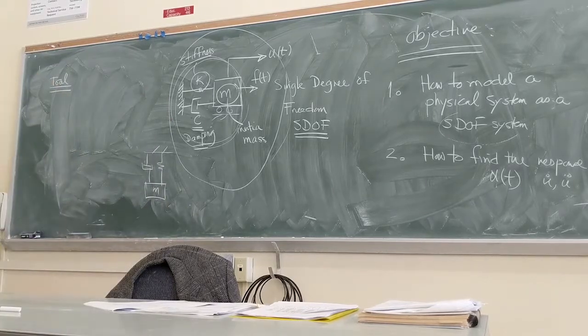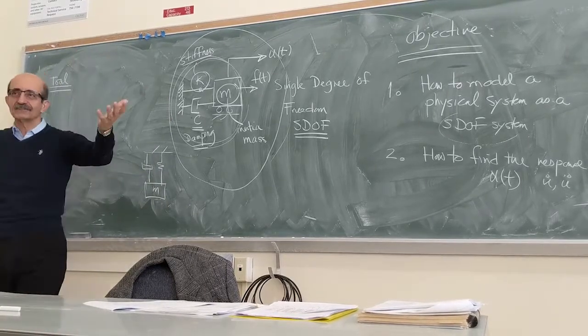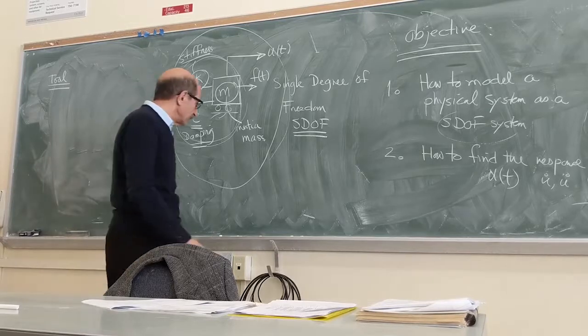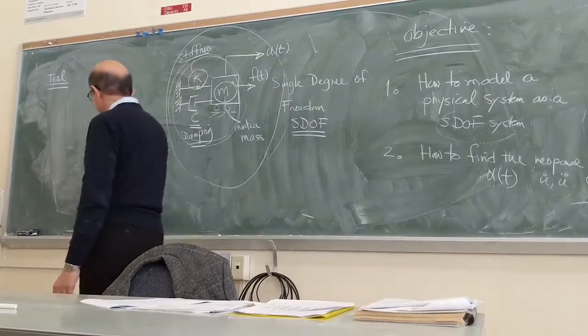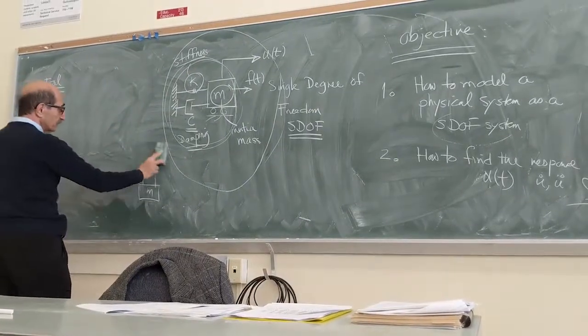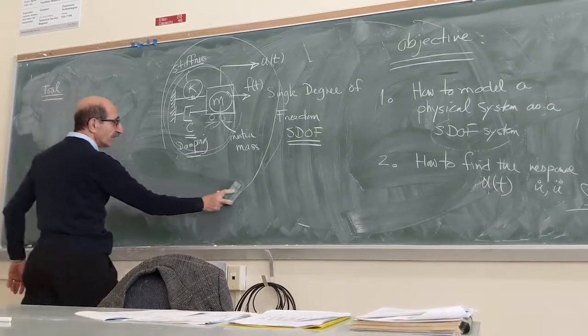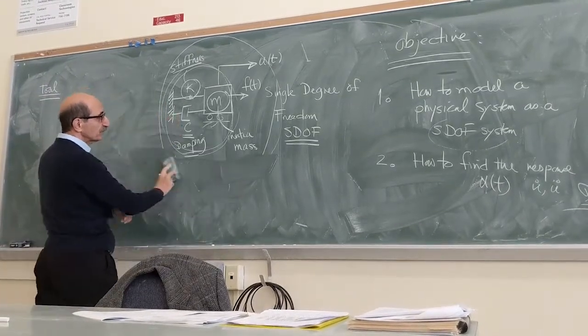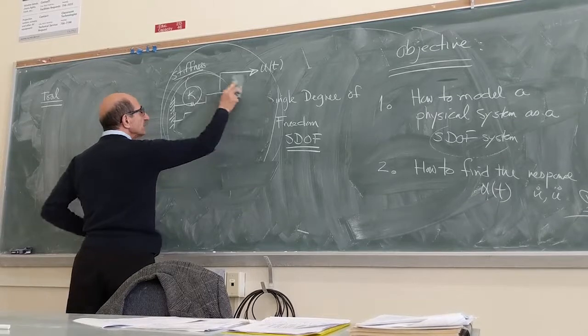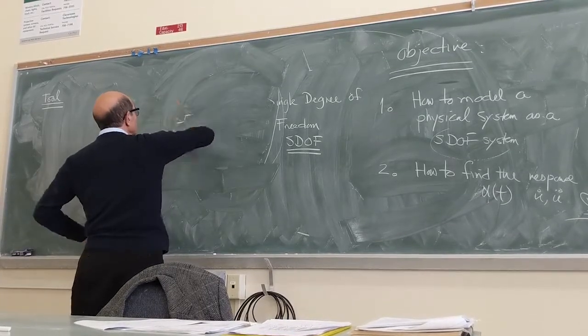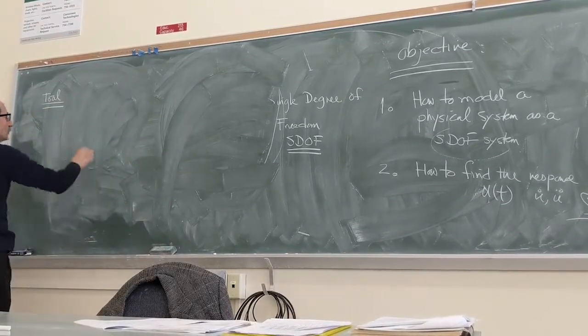Free body diagram. 80% of statics. Same thing here. Okay? Except that, in this case, our structure is very simple. But nevertheless, that is the tool. So, how do we go about it?